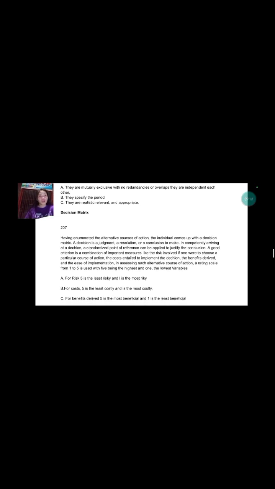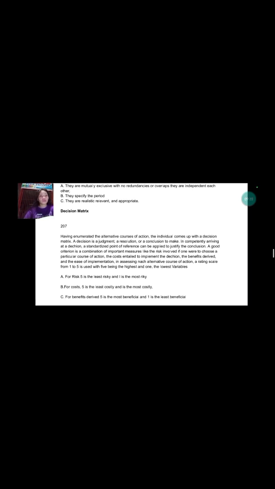So the next is decision matrix. Having enumerated the alternative courses of actions, the individual comes up with a decision matrix. And a decision is a judgment, a resolution, or a conclusion to make. In arriving at a decision, a standardized point of reference can be applied to justify the conclusions.